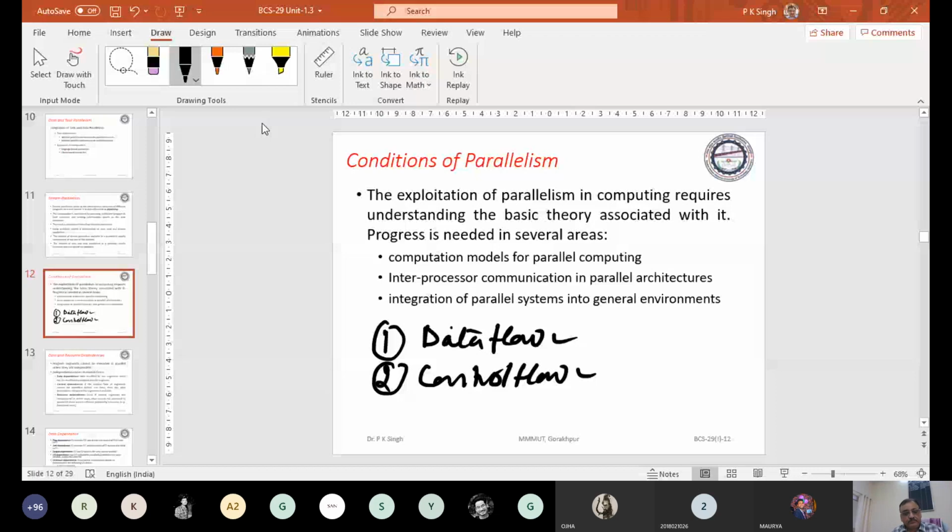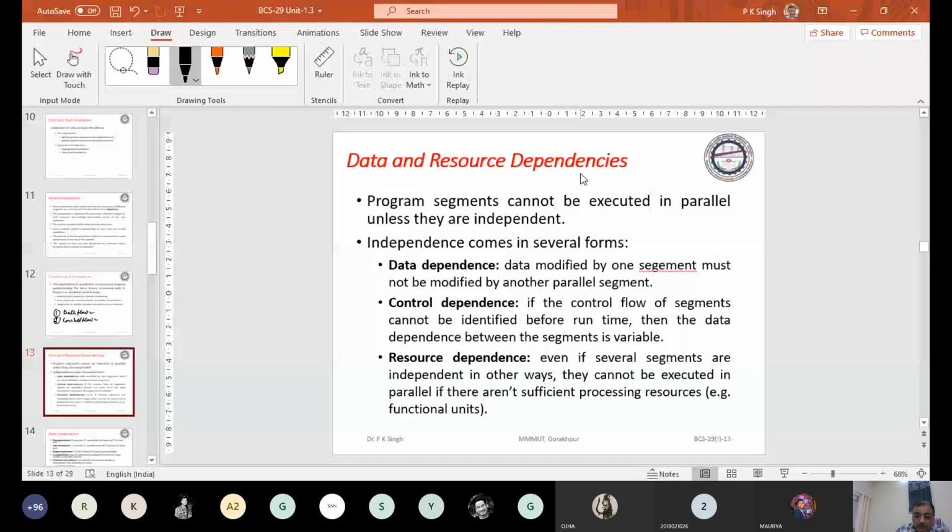So first, to preserve the data flow, we have to find out the data dependence structure of the program. There are two structures related to any program: the data dependence structure and the control dependence structure.